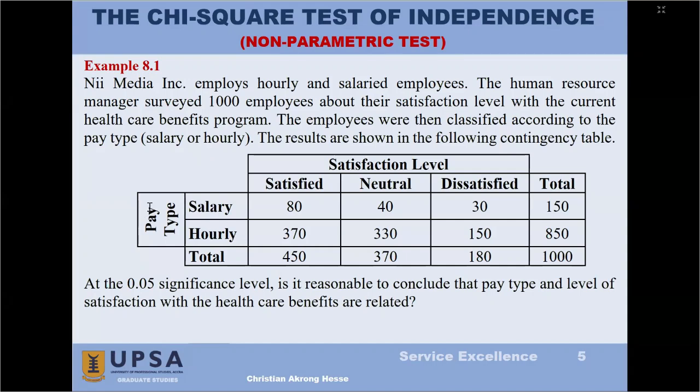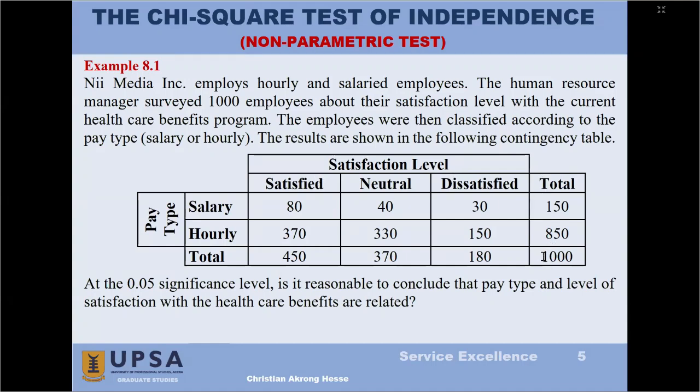So we have pay type as one variable, which has two levels, salary workers and hourly workers. Then we have satisfaction level, which has three levels: satisfied, neutral, and dissatisfied.